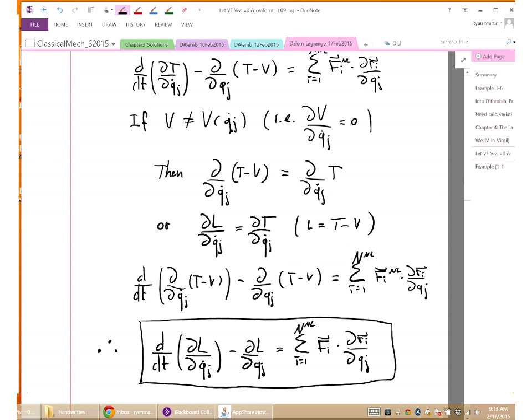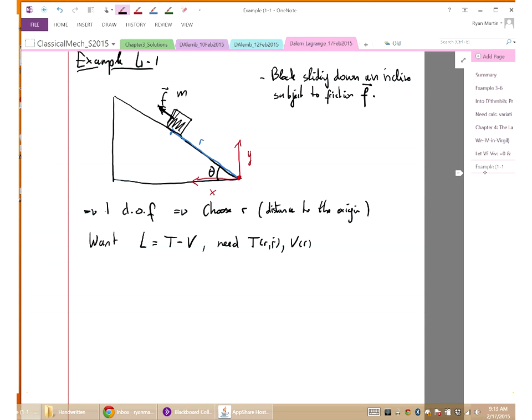We made that crucial step up here where we said that the potential energy doesn't depend on the velocities, so only T can depend on the velocities. Saying that V doesn't depend on the velocities allowed us to put V inside of the derivative with respect to q_j dot. Okay? So we need to know T in terms of r and r dot.